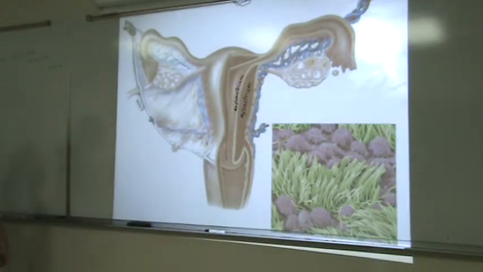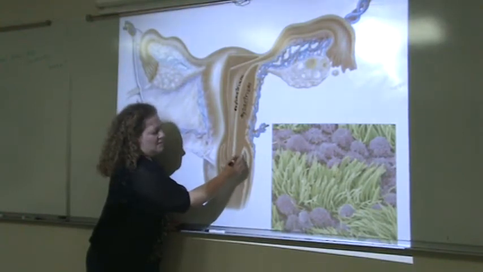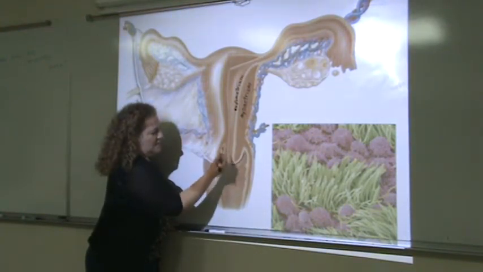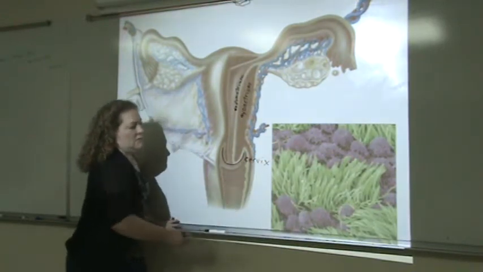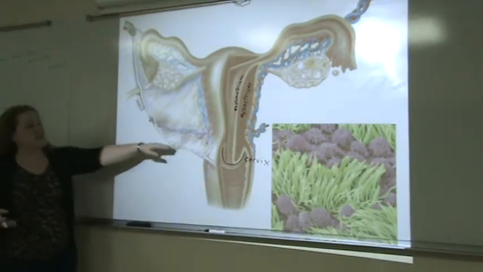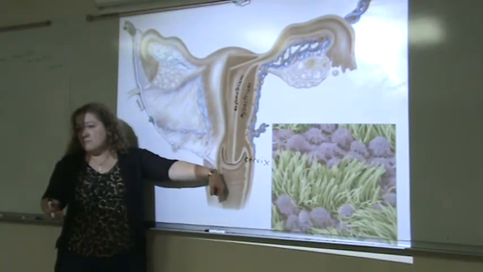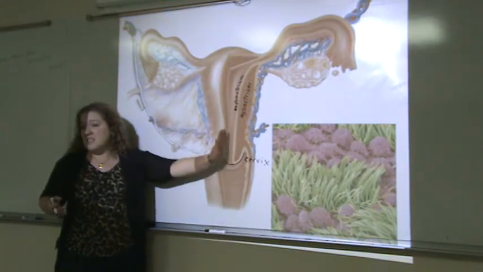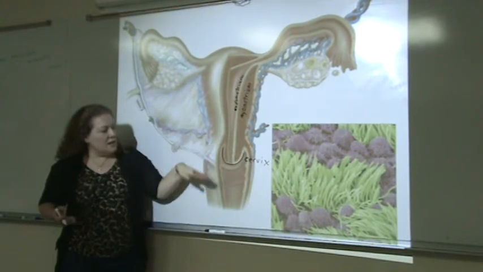And those are the two parts you need to know for this class. Down here, this region down here, this is cervix. So cervix is the exit from the uterus if you're a fetus. If you're a sperm, it's the entrance to the uterus. That's cervix, that region right here.